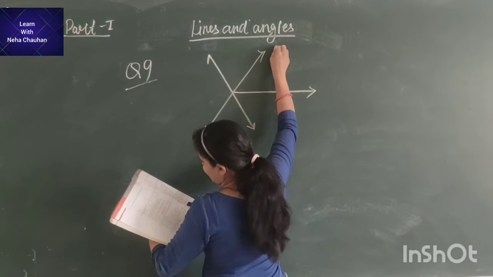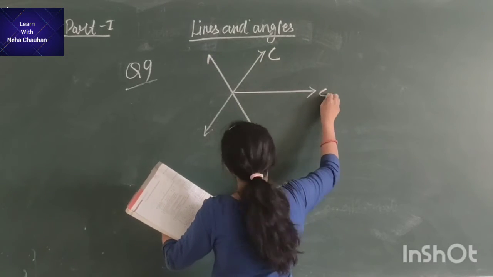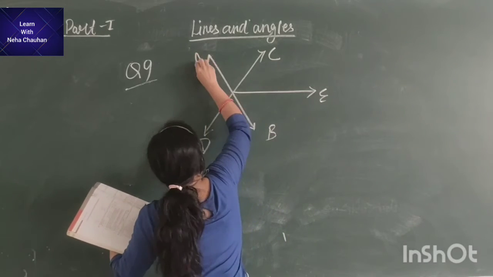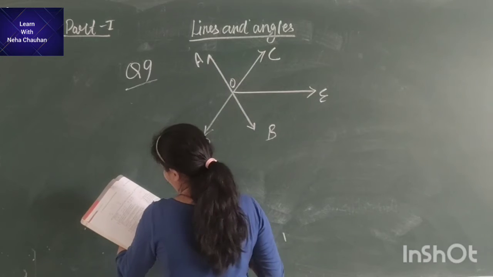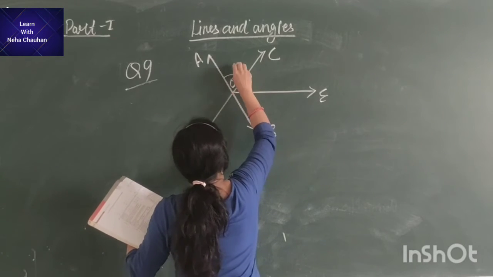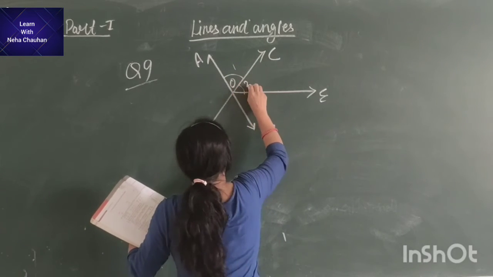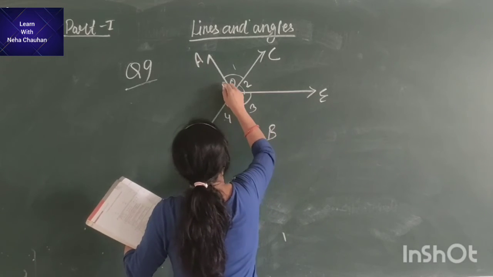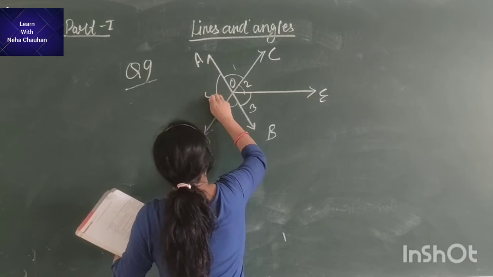This is point C, this is E, B, D, A, this is O. Okay, this angle is 1, this is 2, this is 3, this angle is 4 and this one is 5.